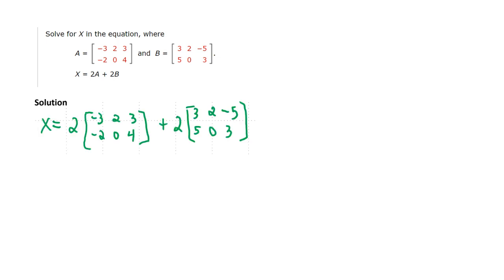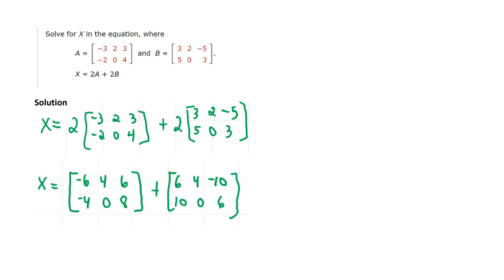So first, let's apply our constant multiple, 2 times matrix A and 2 times matrix B. I already did examples of this, so I'm not going to explain it. Now to add these, we add element with element, since they're the same size. So -6 plus 6 is 0, 4 plus 4 is 8, 6 plus -10 is -4, -4 plus 10 is 6, 0 plus 0 is 0, 8 plus 6 is 14. Okay.